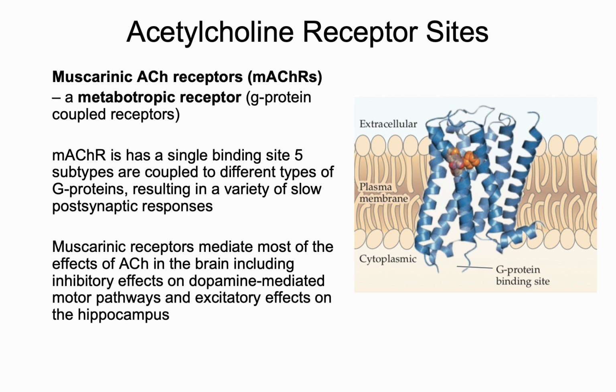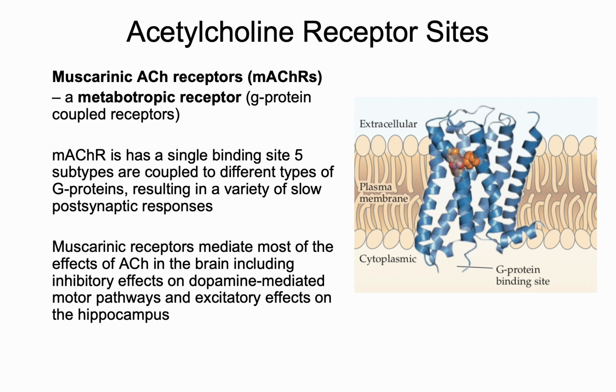The second type of major acetylcholine receptor are what are known as muscarinic receptors. These are metabotropic receptors. Unlike the ionotropic nicotinic receptors, they aren't in and of themselves an ion channel, but rather they're G protein coupled receptors. So they are the start of a cascade of intracellular signaling in the postsynaptic cell.